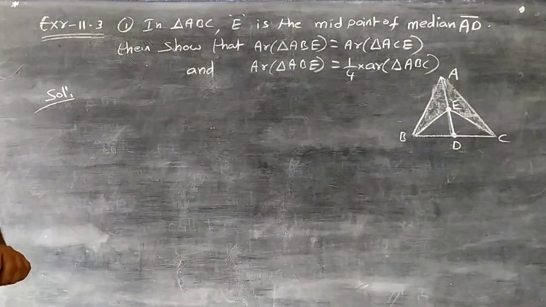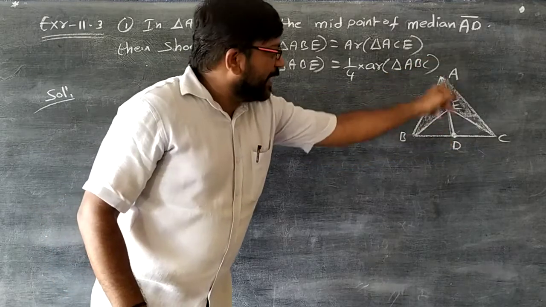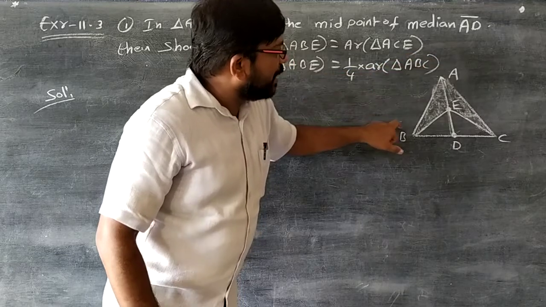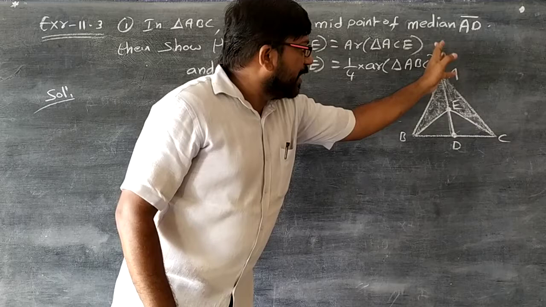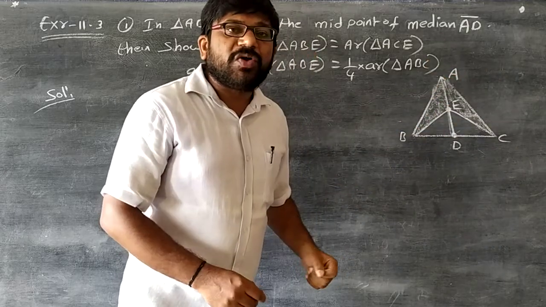First of all, AD is the median. Since AD is the median of triangle ABC, area of triangle ABD is equal to area of triangle ACD. Why? A median divides the total triangle into two parts of equal area.